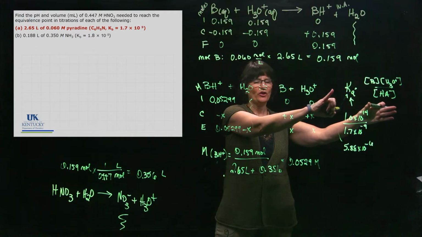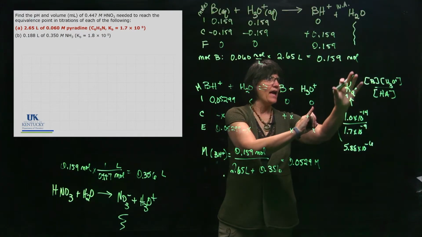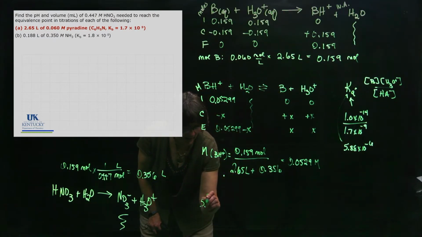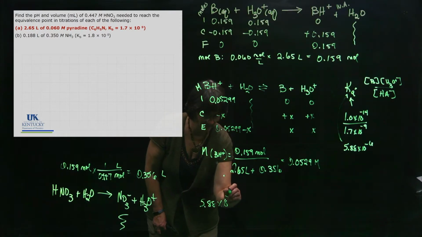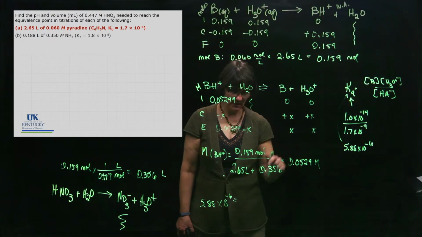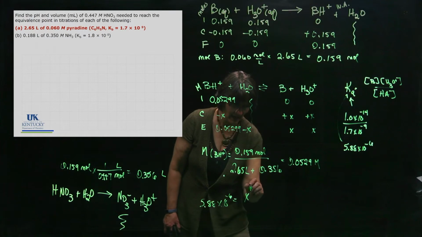I've got numbers to fill into that expression. So I'm going to take what I see here and plug all the numbers in. Ka was 5.88 times 10 to the minus 6. That's Ka. B's concentration is x. H3O plus's concentration is x.